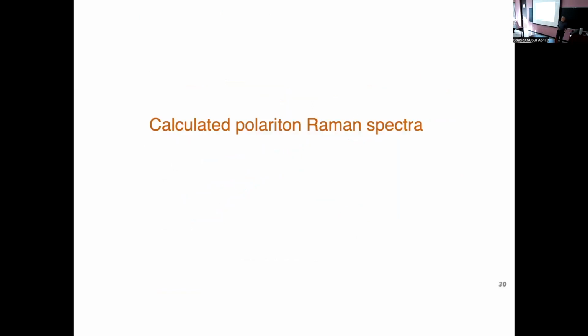Now, this ability to easily probe phonon polaritons was making some other researchers skeptical. So we wanted to demonstrate that indeed we should see these phonon polaritons using Raman spectroscopy. So what we did was calculate the polariton Raman spectrum.